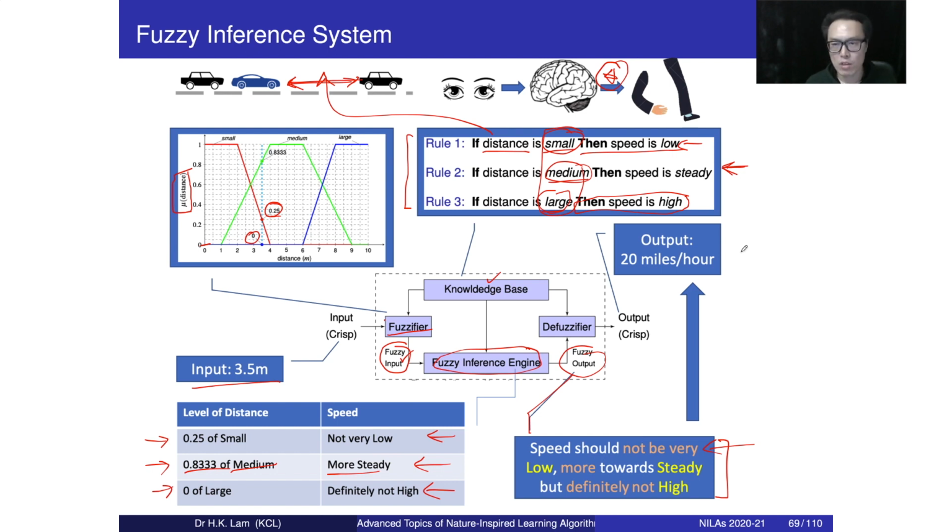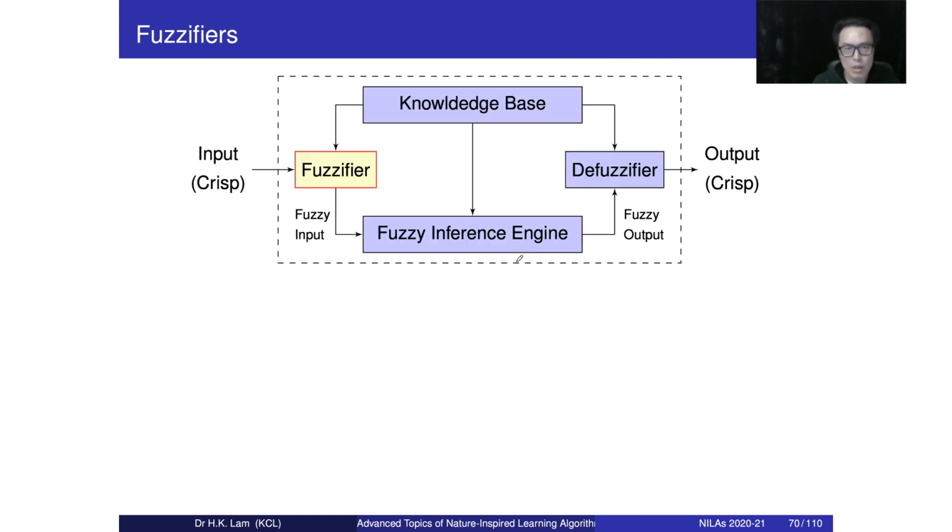So I translate this information into the output crisp value, a numerical value, for example 20 miles per hour. This is the overall picture. Each block has its own purpose. Now I'm going to talk about the fuzzifier.